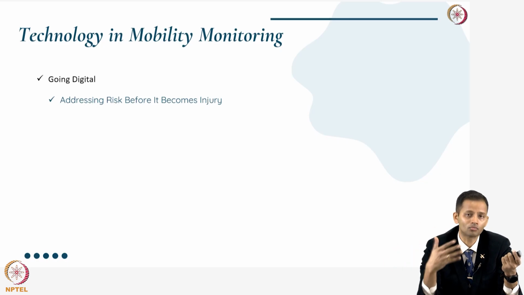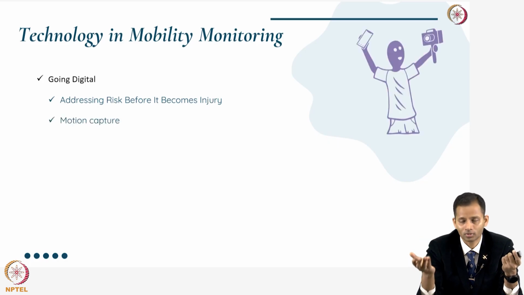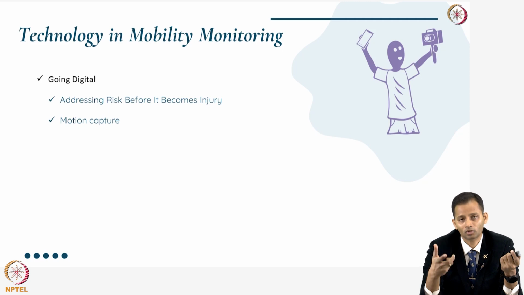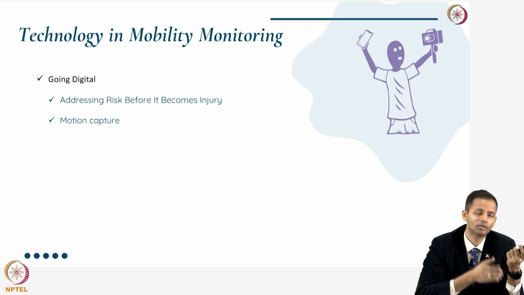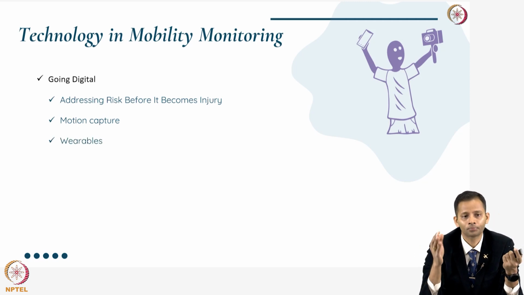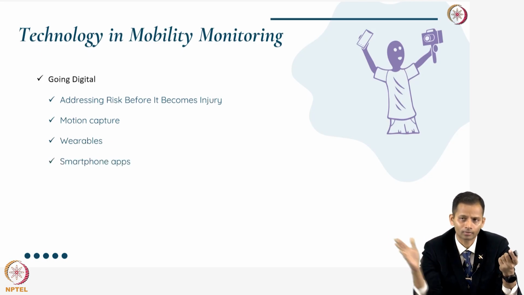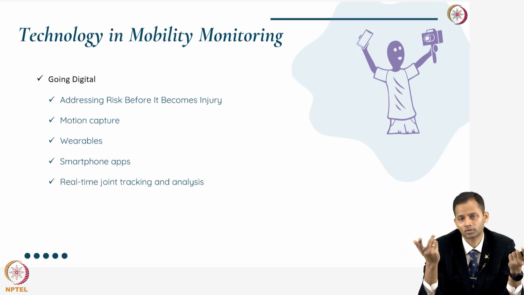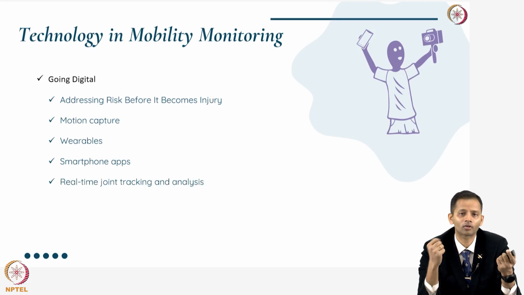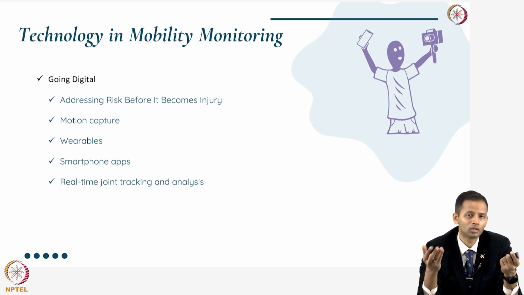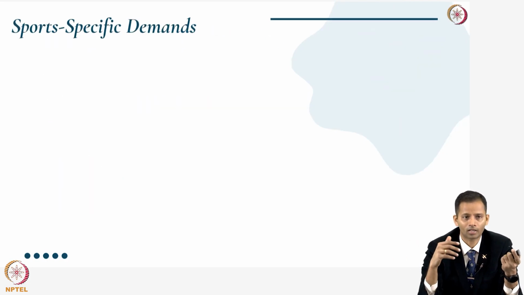You can use wearables as well as motion capture technology to further enhance your capturing of parameters that can be correlated with the other parameters as well. It also helps you to monitor in real time as well as remotely. So incorporating technology helps in a manifold better outcome in a sports scenario.